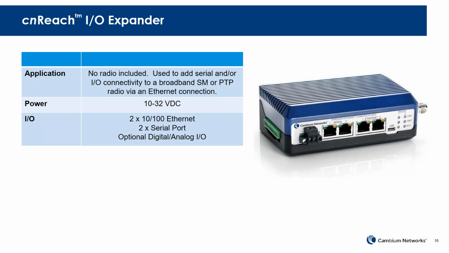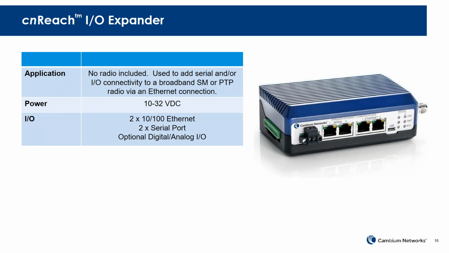We offer an IO expander. The IO expander is a module that does not have a radio in it, but does allow you to add that IO functionality to an existing or new broadband connection. So if I have, for example, a PMP450i network, I could hang one of these IO expanders off of the auxiliary port or the main port for that matter, and provide serial connectivity or general purpose IO and pass that traffic over the broadband network.